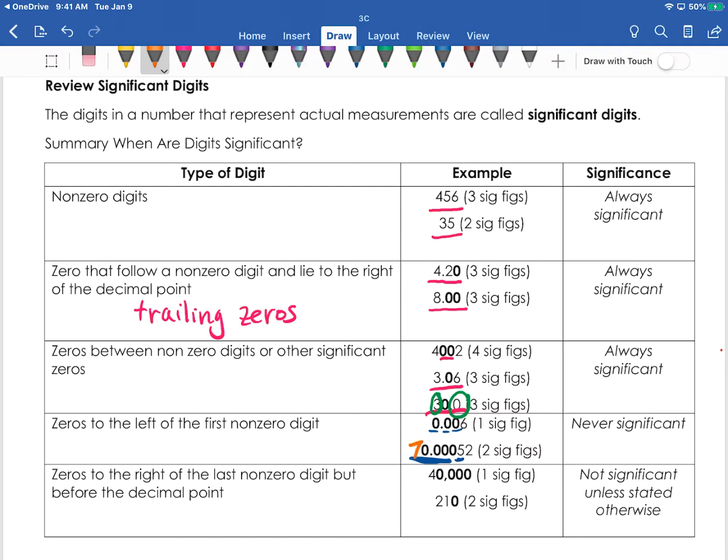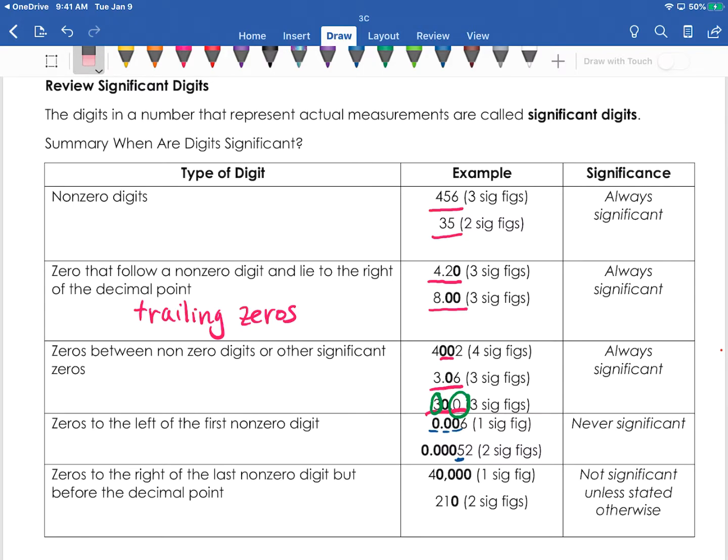If this was a 70.00052, then all those zeros would be between the 7 and the 5, and they would count as significant because they fall between two significant digits. However, because there isn't a non-zero digit to the left of all those zeros, all of those zeros leading up to the 5 are not significant. So the only significant digits in 0.00052 is the 5 and the 2.